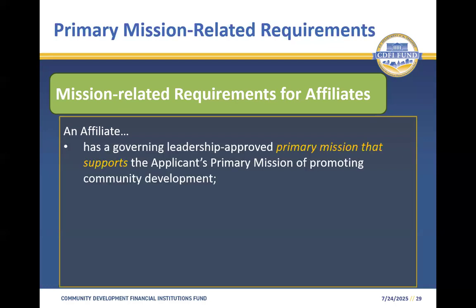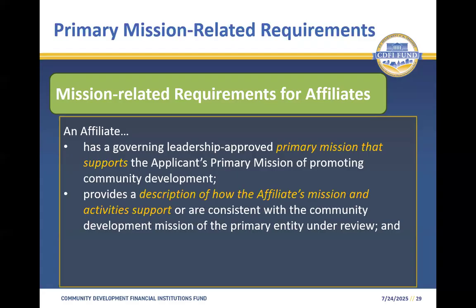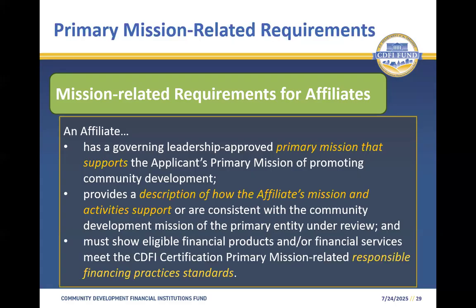It has an approved mission that supports the community development mission of the applicant. It provides a description of how the affiliate's mission and activities support the applicant. And it shows that they meet the CDFI certification primary mission related responsible financing practices.